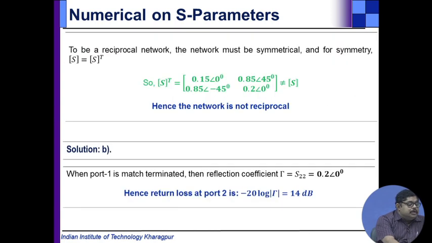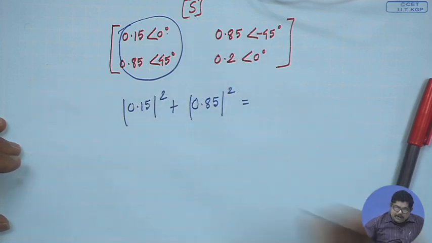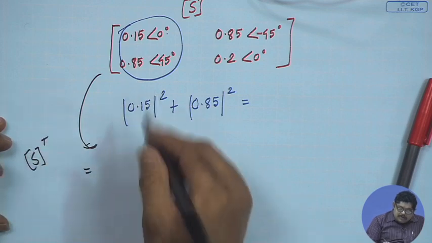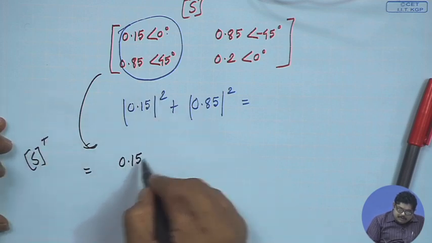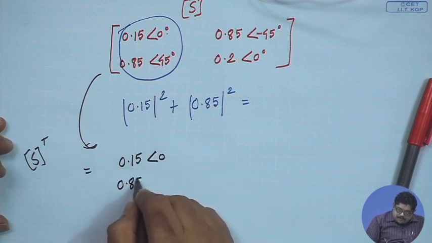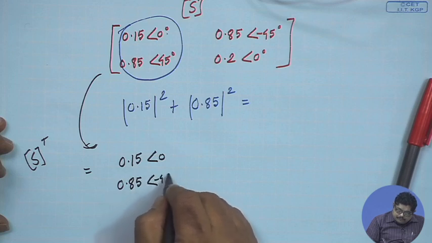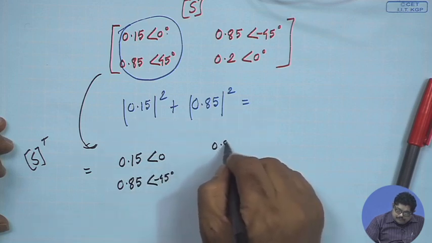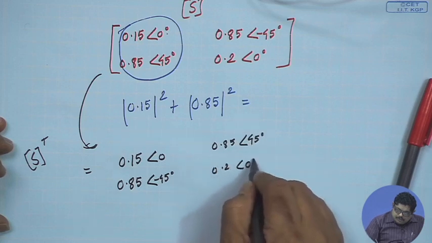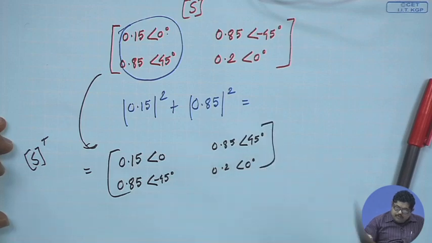network. But whether it is reciprocal, for that you see whether it is symmetric, that means if I transpose this one, what will I get? Transpose of this S matrix, transpose means the row becomes column, so this will be the new one.